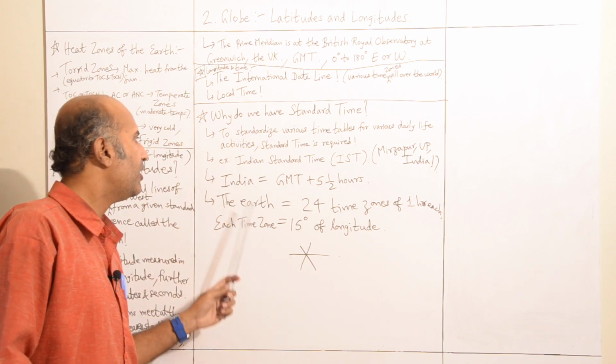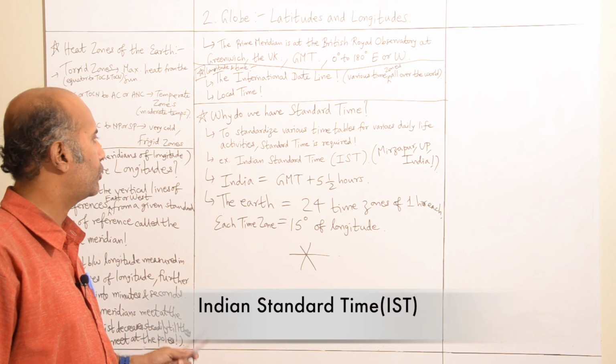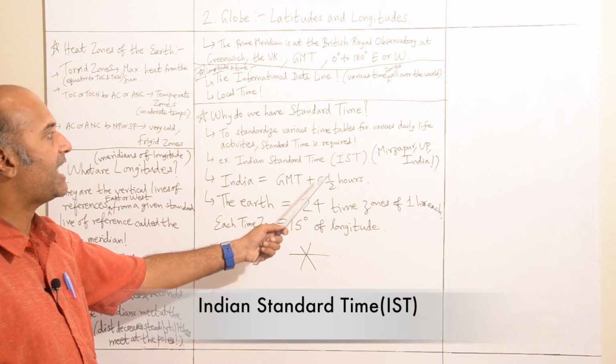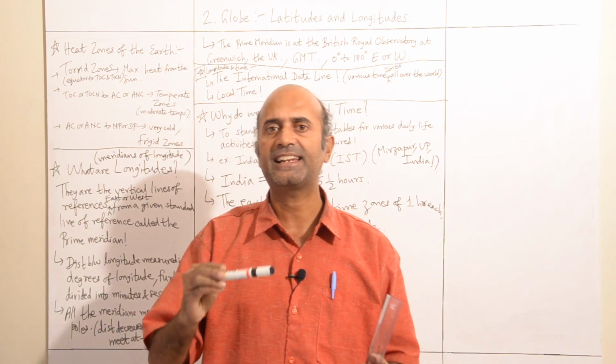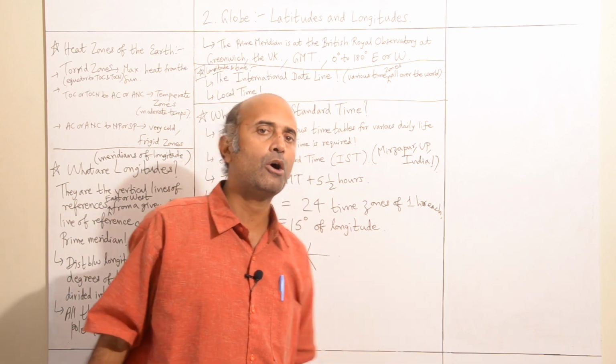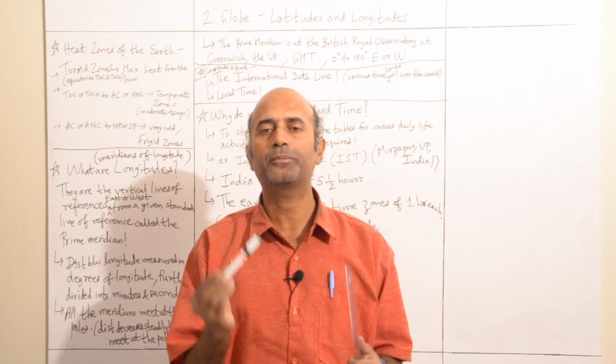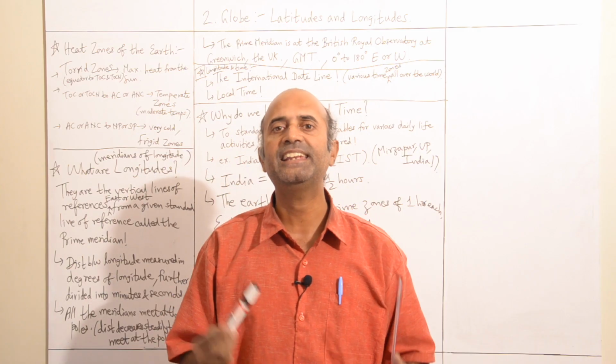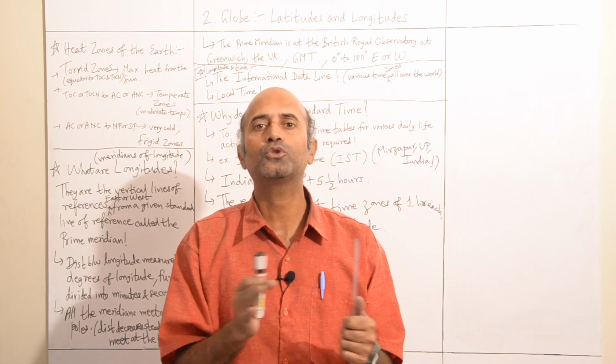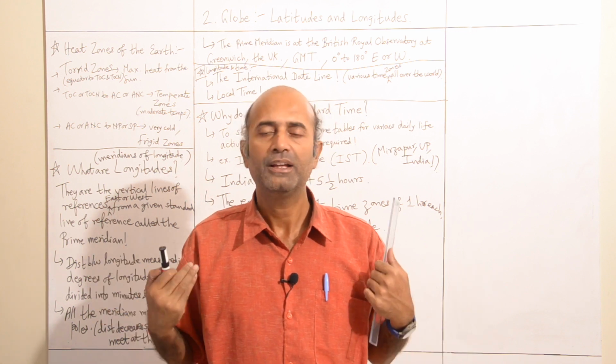And speaking of India, we have our own standard time known as the Indian Standard Time, also known as IST. The Indian Standard Time line goes through a town called Mirzapur, Uttar Pradesh, India. So the local time measured at Mirzapur is taken as the Indian Standard Time. We have only one time zone for the entire country of India.